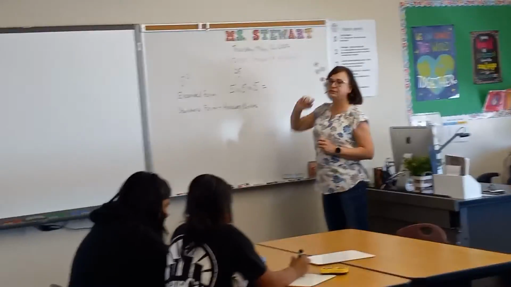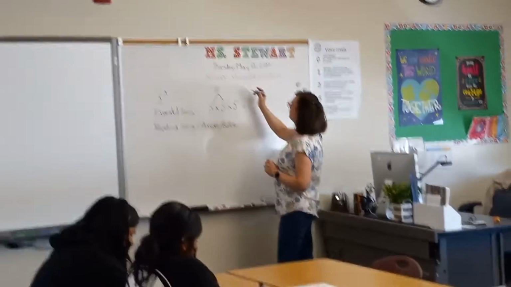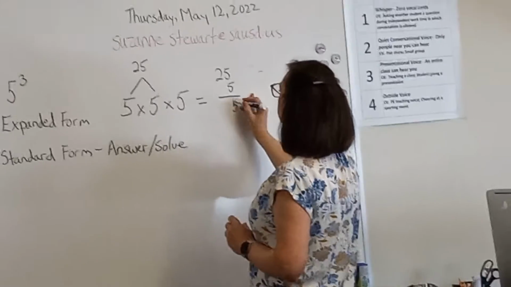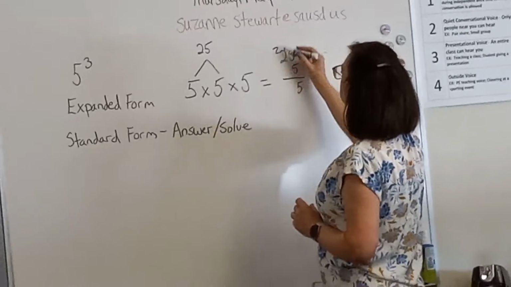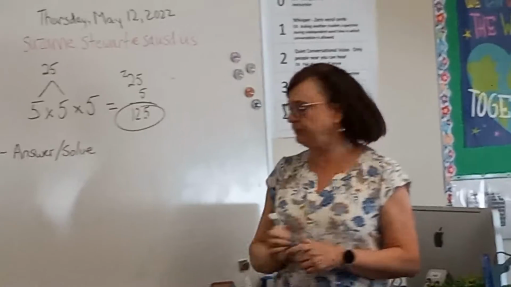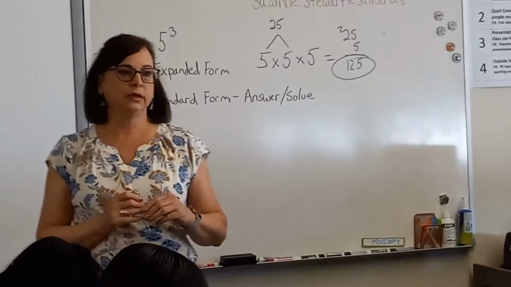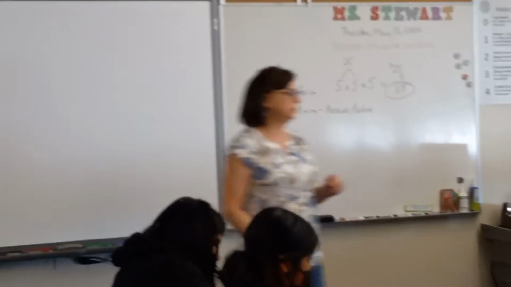Now take that 25 and multiply that by 5. So 2 times 5 is 10 and 2 is 12. So it's actually 125.